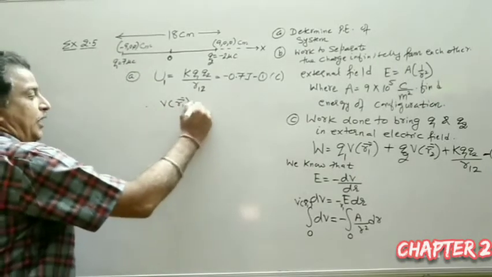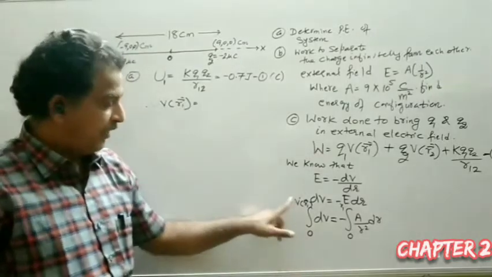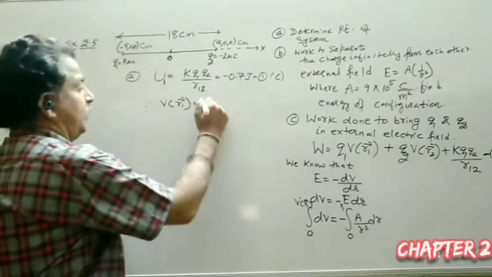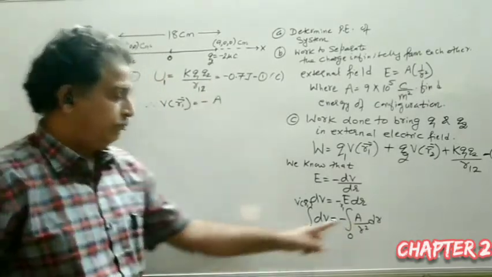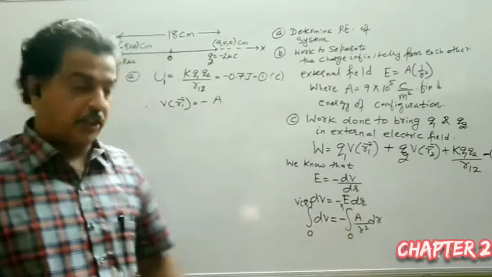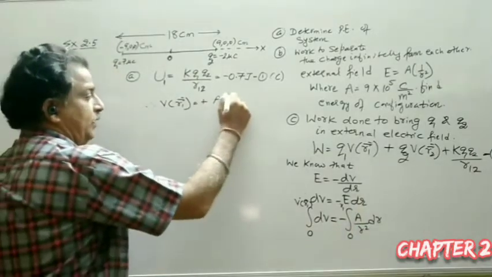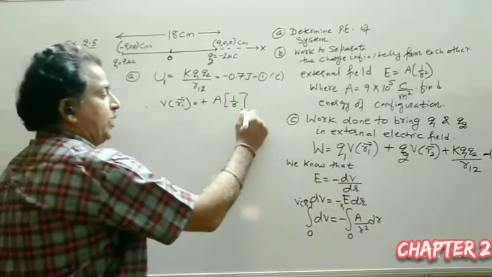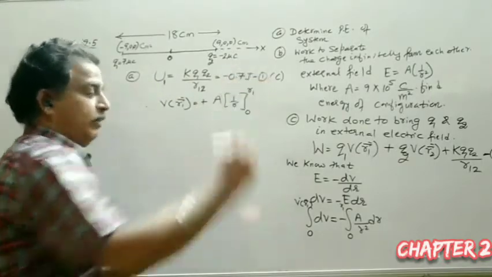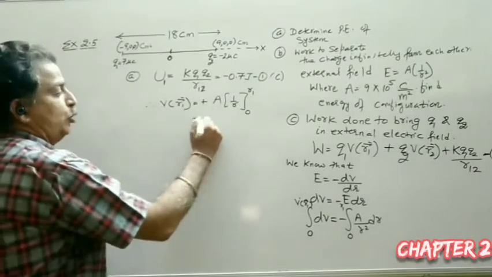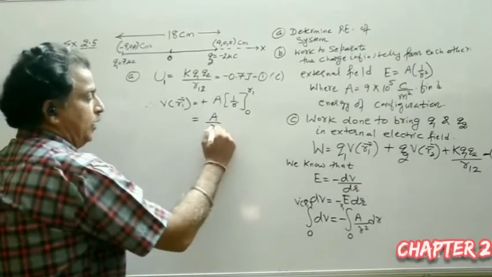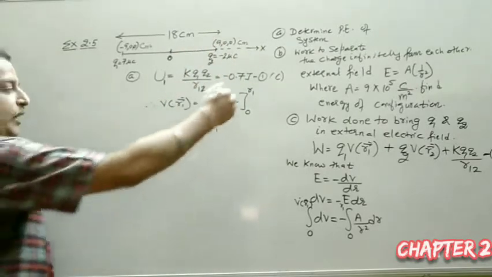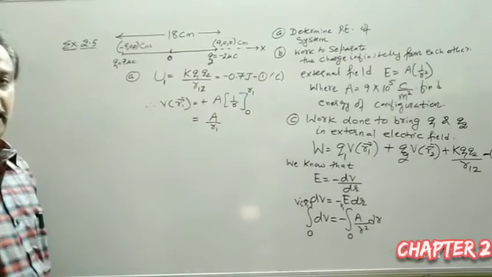Therefore, VR1, that is the integration of dV, final minus initial, equal to A is a constant, so minus A, integration of 1 upon R square, that is minus 1 by R. So minus comes out, it becomes plus sign, limit becomes 0 to R1. So this is equal to A upon R1, 1 upon final minus 1 upon initial, that is infinite. So A upon R1.